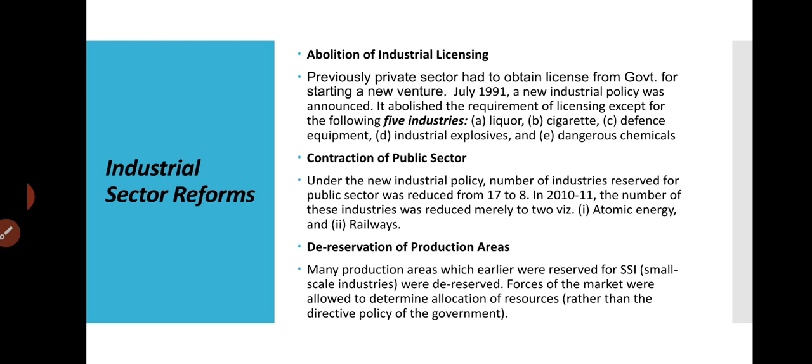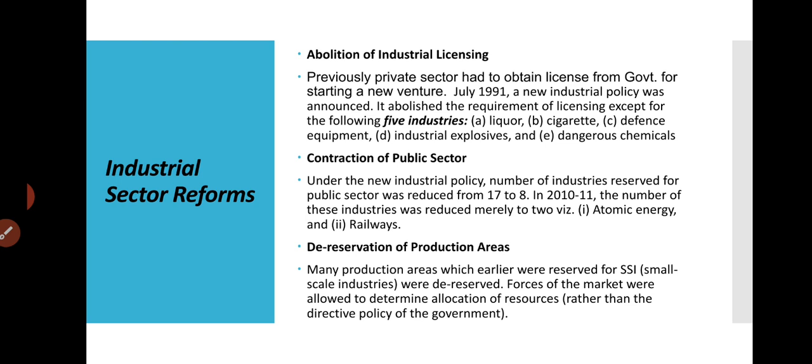So, obtaining license to set up the industry was a very difficult task. This demotivated the entrepreneurs, demotivated the industrialists in the country. So previously private sector had to obtain license from government for starting any new venture.